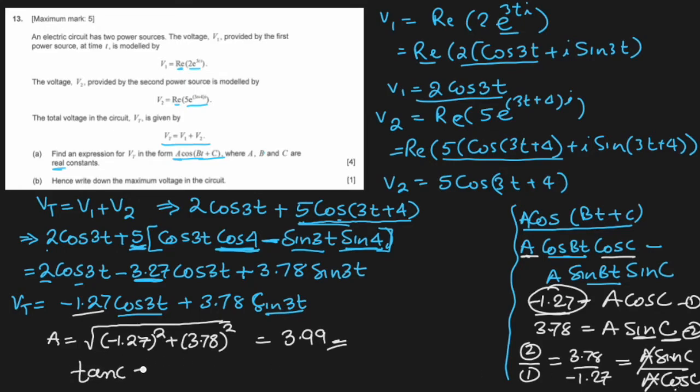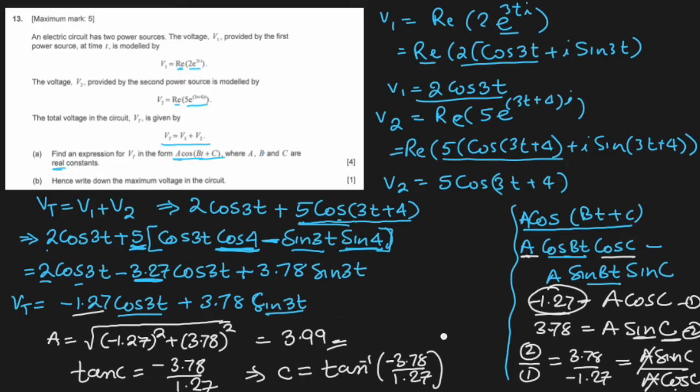Tan C will be equal to negative 3.78 over 1.27, which will give us C equal to tan inverse of negative 3.78 over 1.27. Have they given any range for C?